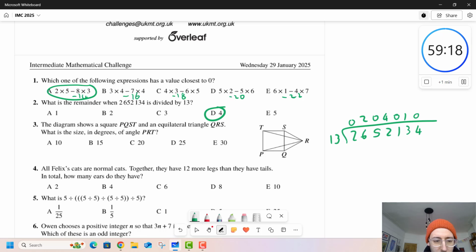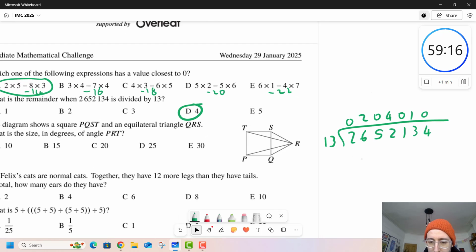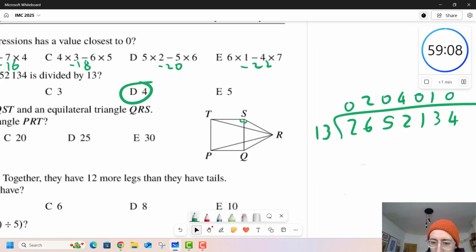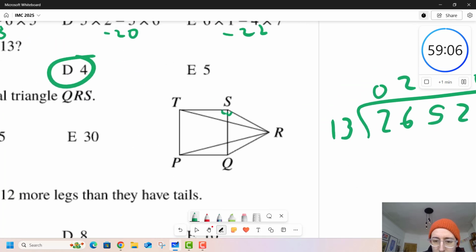This diagram shows a square in a triangle, the size of PRT. PRT, okay. That's 90, that's 60. That's 60 up here. 60, 90, wait, what's going on?